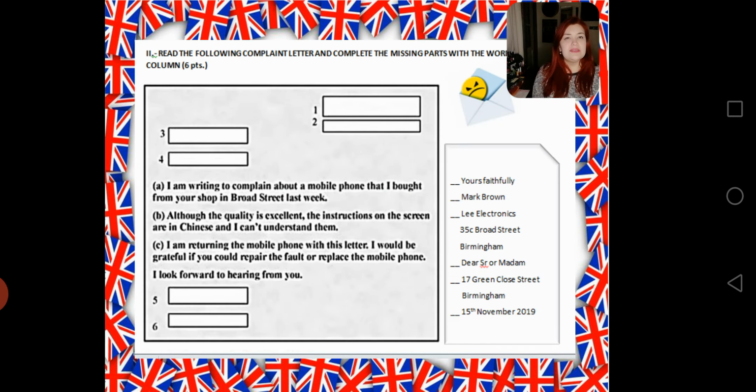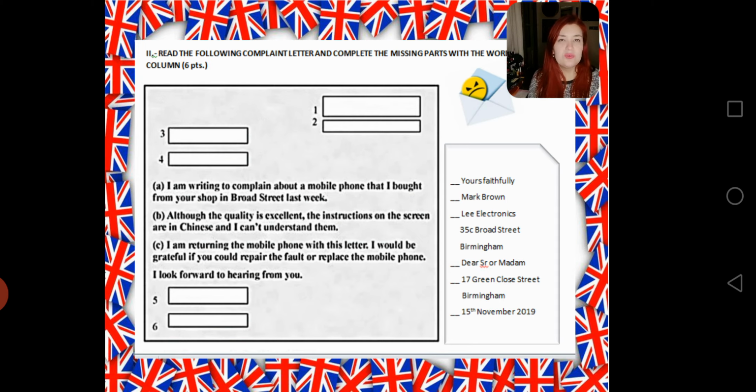In the next exercise, we have a complaint letter. And as you can see, there are some missing parts there. And on the other side, we have different parts. For example, it says yours faithfully, Mark Brown, Lee Electronics, etc., etc. What I want you to do is to tell me where do these parts go on the letter.